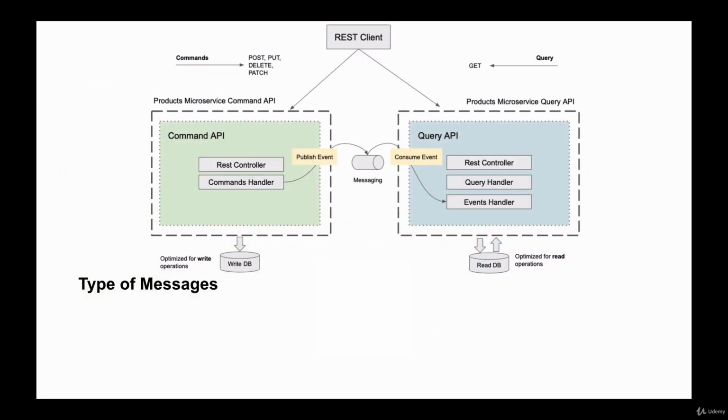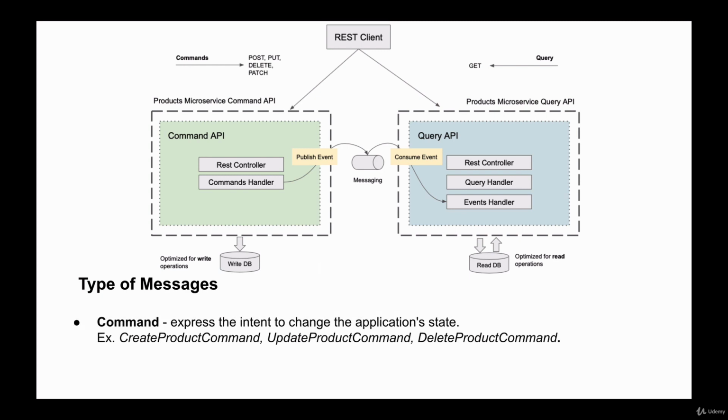As we continue to the following video lessons, I want you to remember the difference between three different types of messages that are used in the CQRS design pattern. The first type of message is a command. Commands are used to express an intent to change the application state. Examples of command messages are create command, update command or delete command.